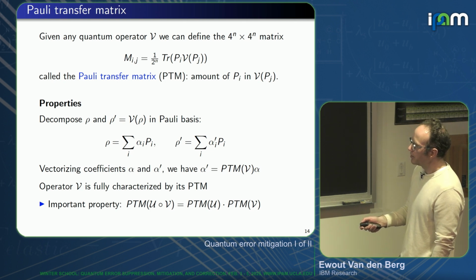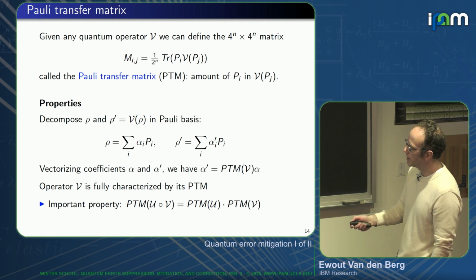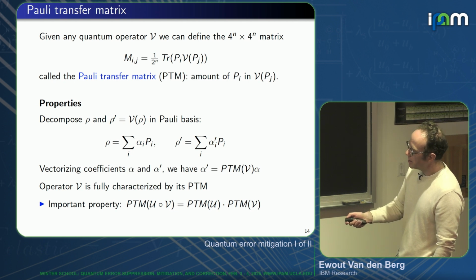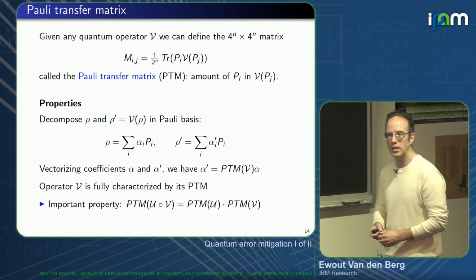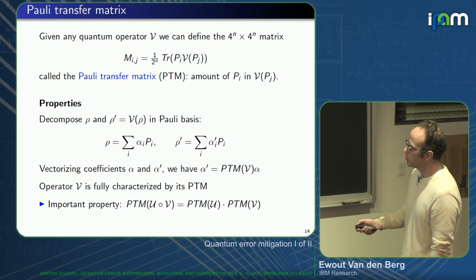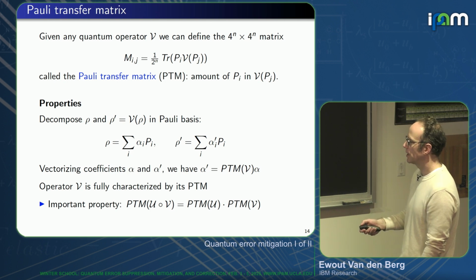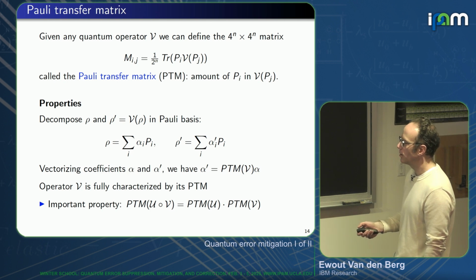And then it turns out that if you look at the Pauli transfer matrix of the operator, this is just a matrix, this is a vector, and these coefficients are just the matrix vector product of the elements. So you just multiply the matrix. And that means that the operator is fully characterized by its Pauli transfer matrix.